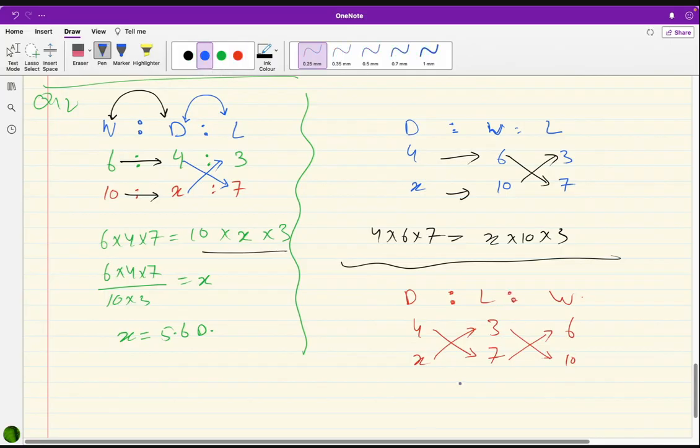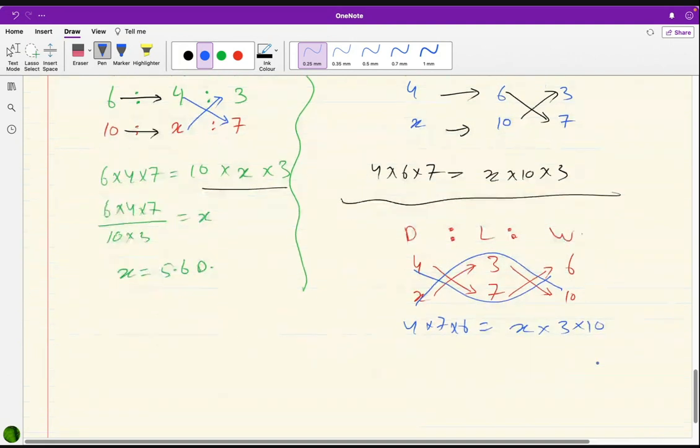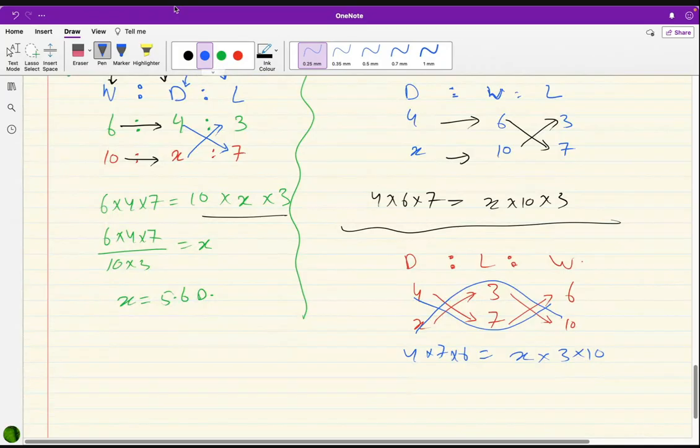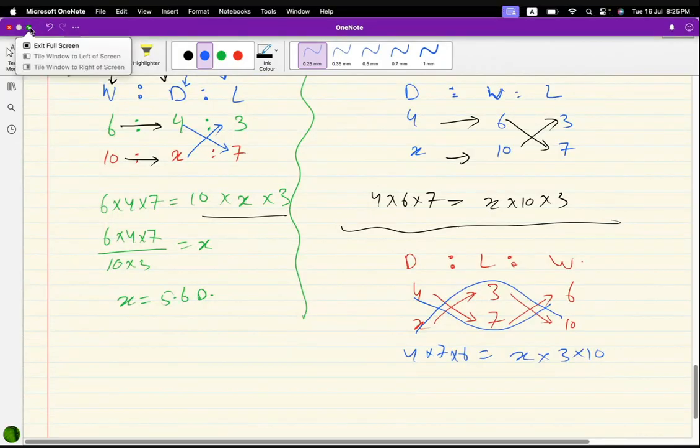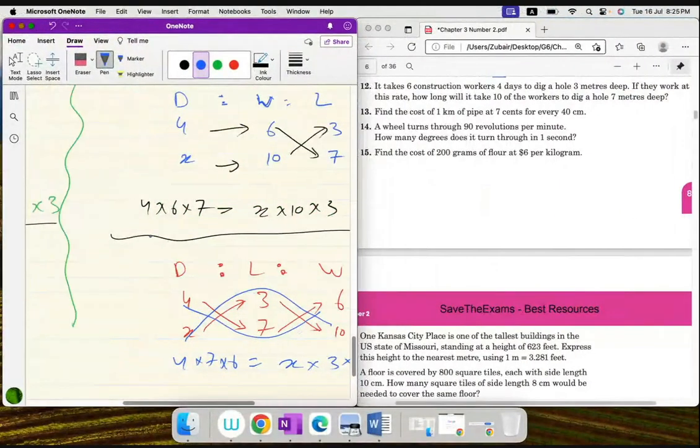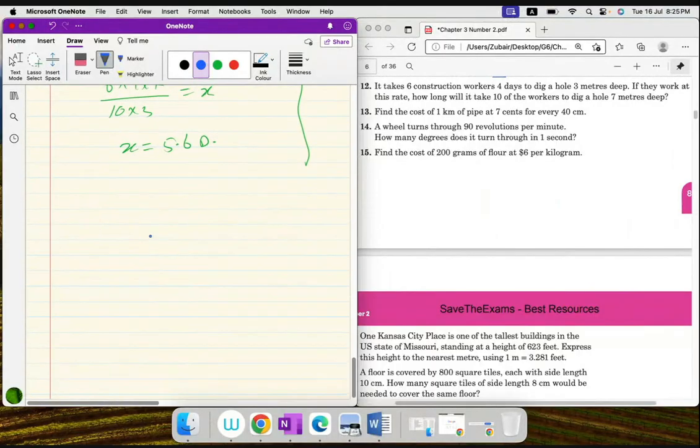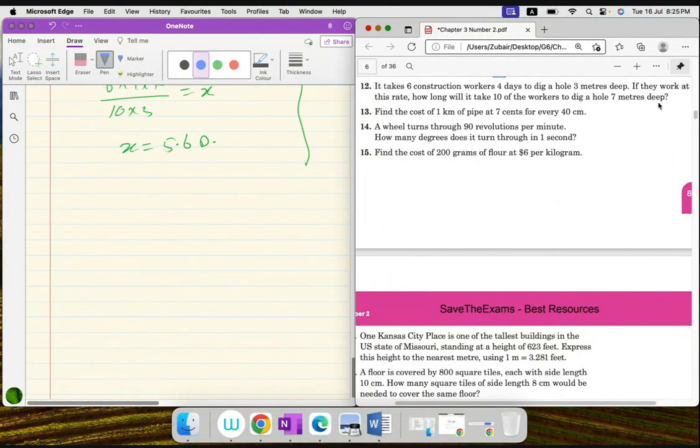No, sir. So 4 into 7 into 6 is equal to x into 3 into 10. So we just need to know the relation between the variables and we can solve them this way. So that's 5.6 days.